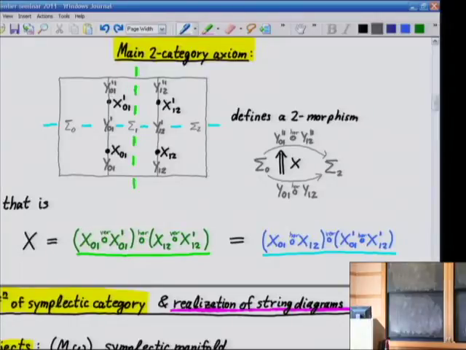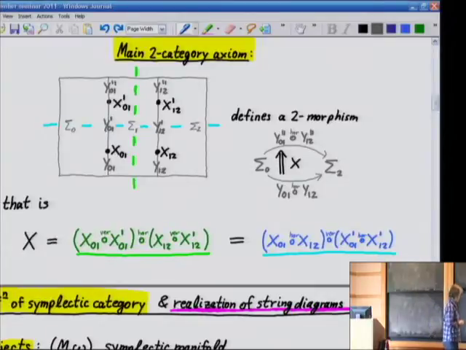That's the proof that Top 2 plus 1 plus 1 is a two category. So in terms of string diagrams, it's very nice and intuitive. Of course, there are some technical issues you might want to worry about, like smooth structures, but the overall structure is nicely captured in these string diagrams.